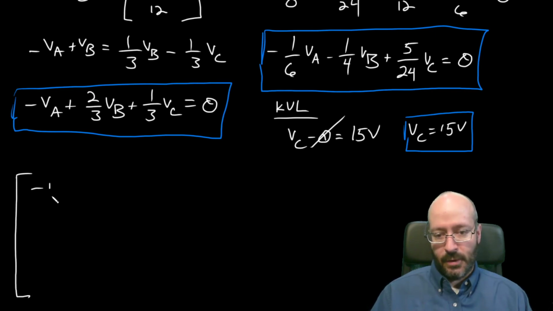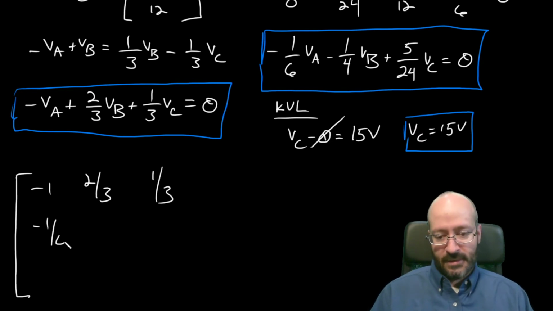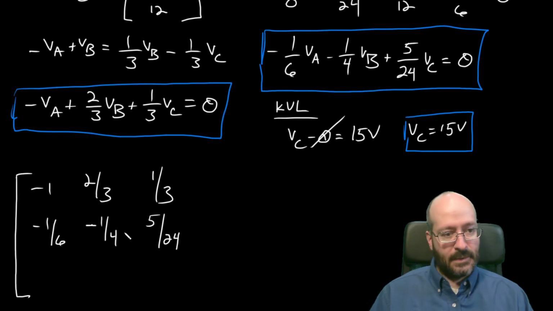Okay, so negative 1, 2/3, 1/3, negative 1/6, negative 1/4, 5/24, and 0, 0, 1.